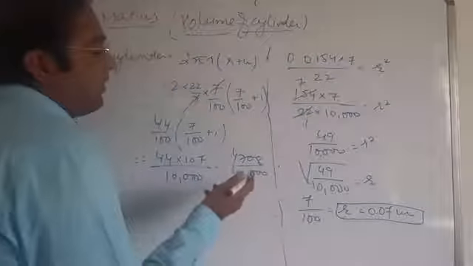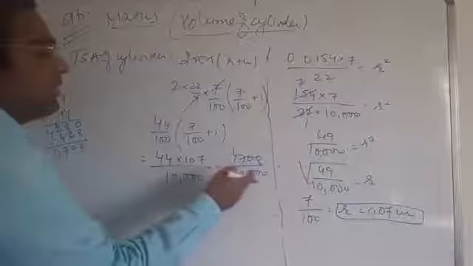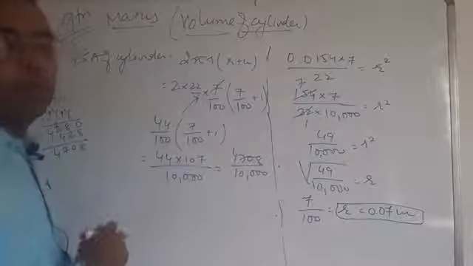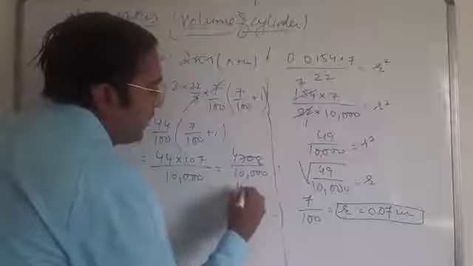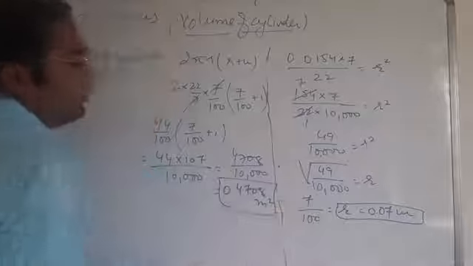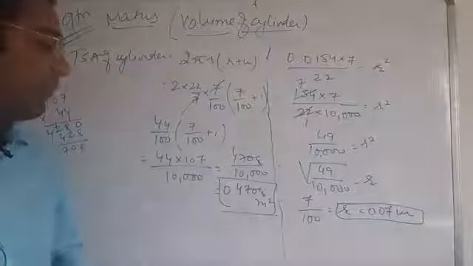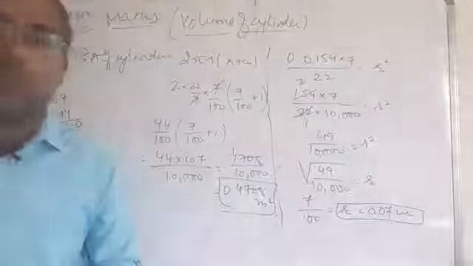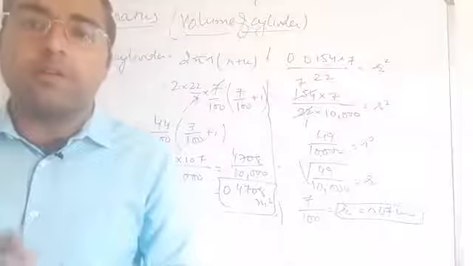Now I have to put the point after the fourth digit, because here my 4 zeros are in the division. So I put the point after the 4 digits from the left side. So my answer is 0.4708 meter square, my total surface area of the cylinder. Okay, clear students?